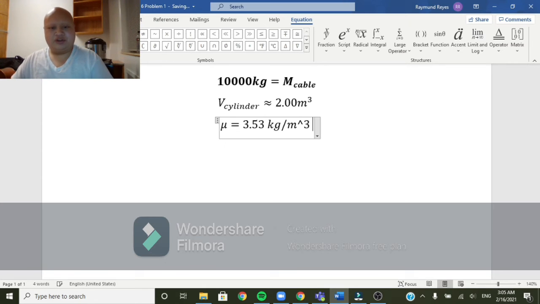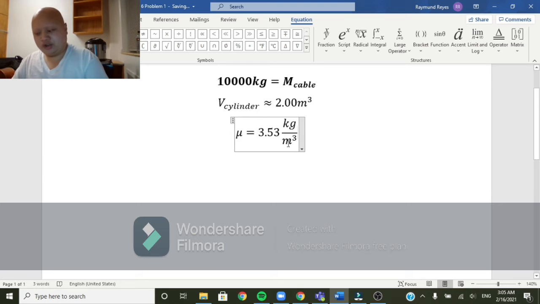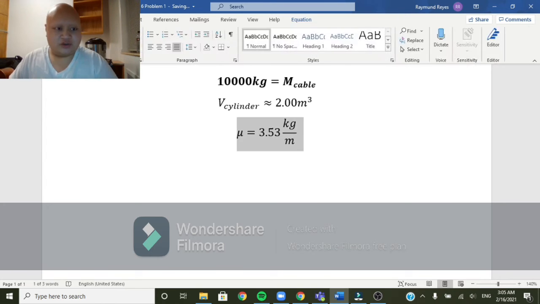Just divide it, and I got 3.53 kilograms per meter. It's actually meter, not meters cubed. That is my mistake. So this is my answer for part B.